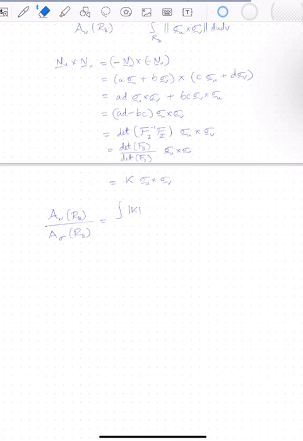It will be the norm of K sigma u cross sigma v, and since K is a scalar, we can bring it out of the norm, with its magnitude, and then we have sigma u cross sigma v. This is over the region R delta, with integration variables u and v.